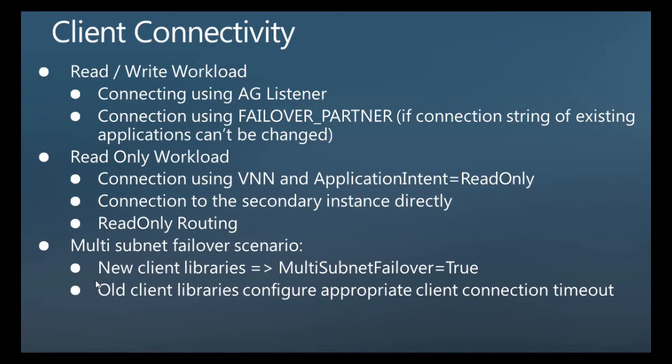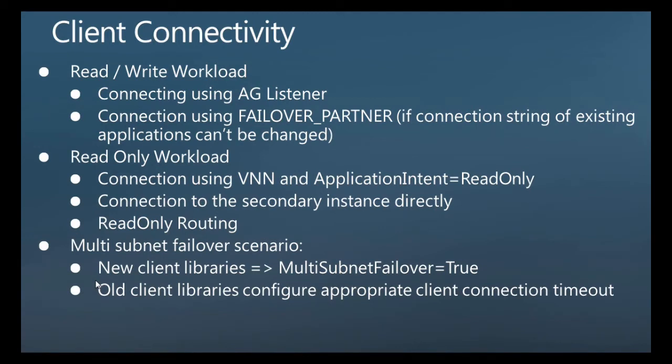How about if I want to leverage my secondary to do the read-only workload? If that's the case, you have two ways. The first thing is you can connect to your secondary instance directly, but you need to allow this connection. So go to the availability group properties and make sure for these secondary replicas you set them as allowed connection.